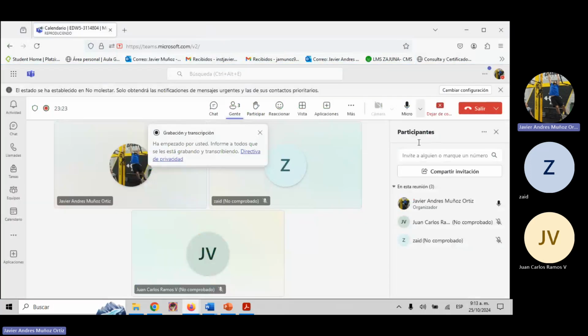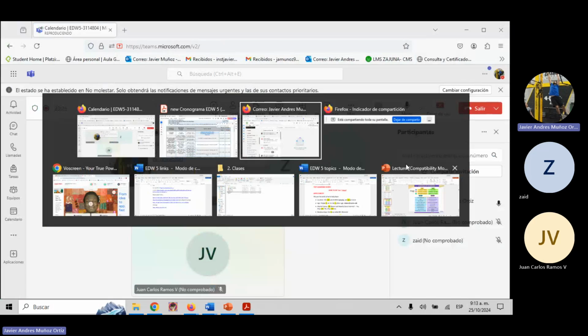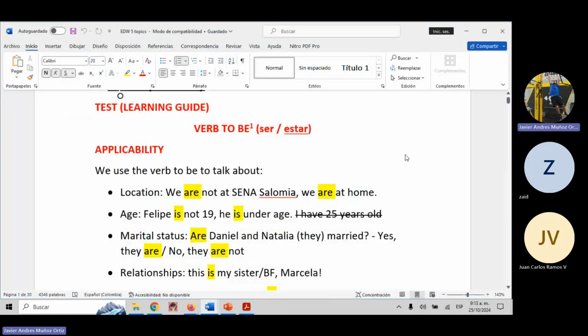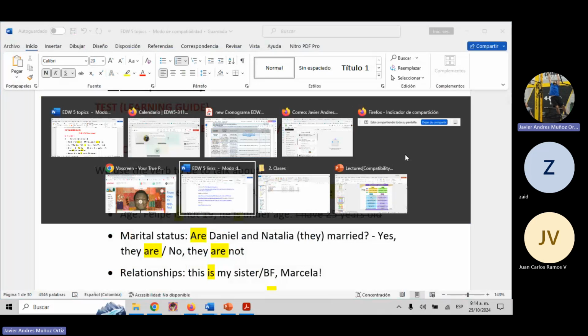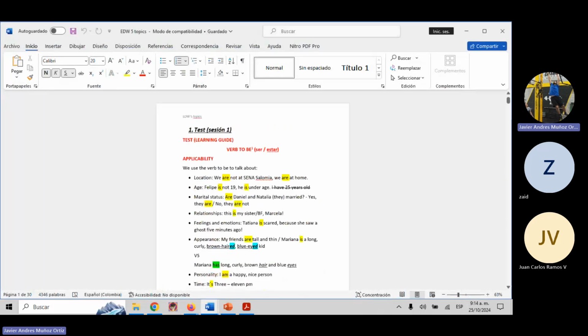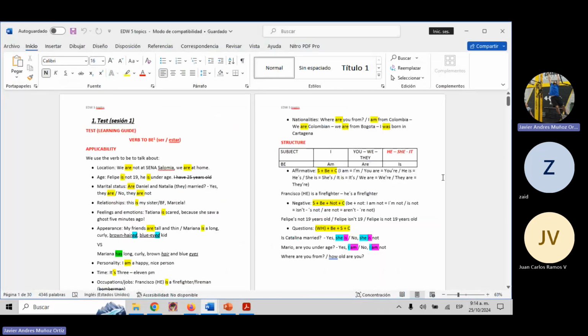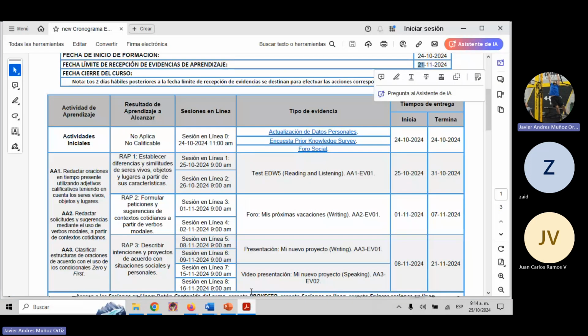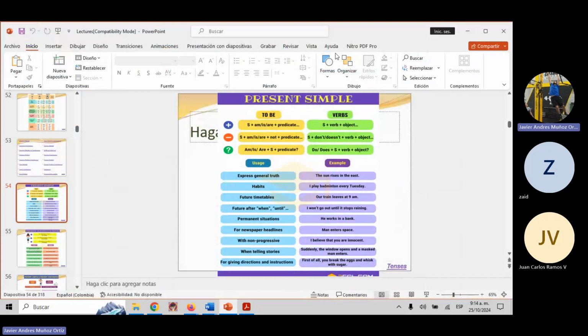Okay. So what are the topics we are going to see in the test? Because the test is going to be very, very easy. The topics are going to be related to simple present tense. And as you remember from level 1, level 2, level 3, simple present tense is divided in two parts.